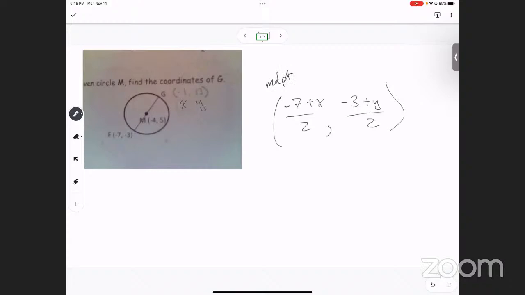And your midpoint is M in this case, right? So this equals -4 and this equals +5, right? But if we don't know what X is, how do we get that? Well, now we solve this equation.